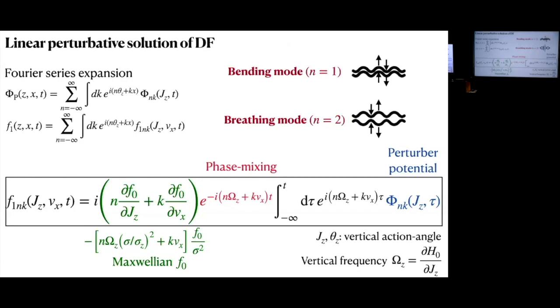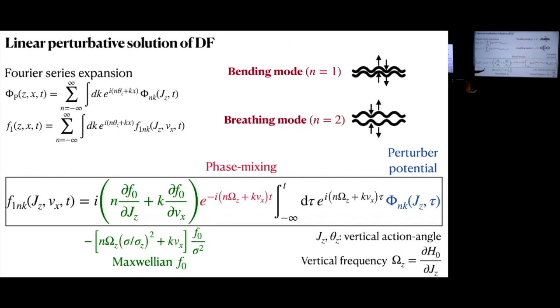That's where the spiral winding comes from, because the stars are oscillating at their vertical frequency in the vertical direction, and the horizontal frequency is given by k vx, where vx is the velocity and k is the wave number. And there is this other term which is proportional to the gradient of the unperturbed distribution function.